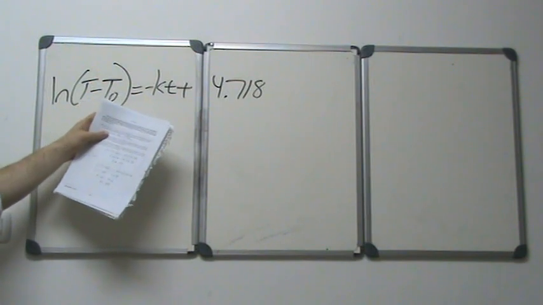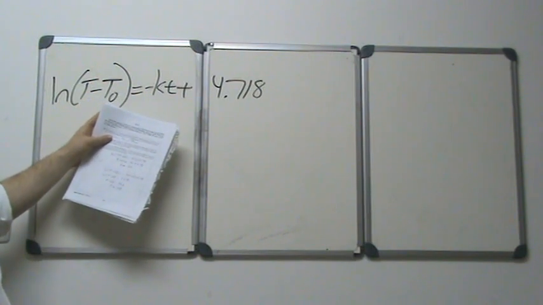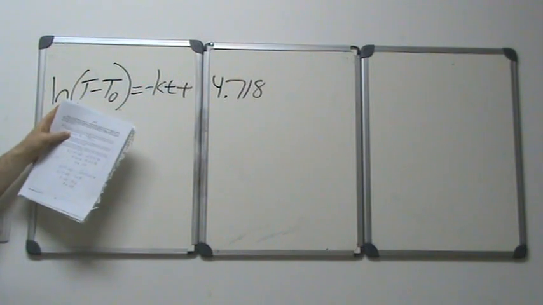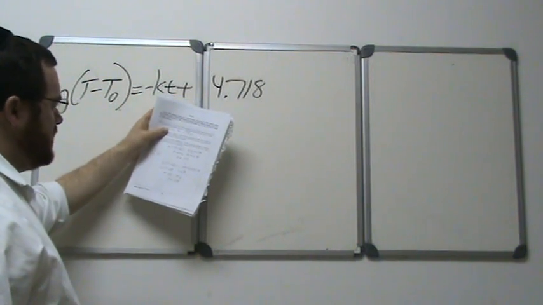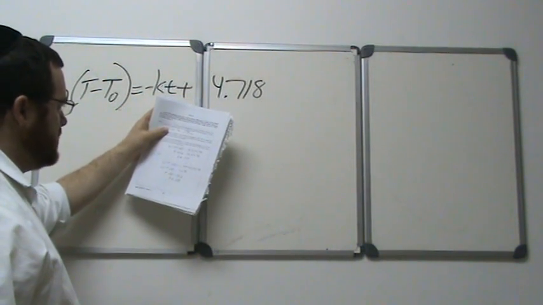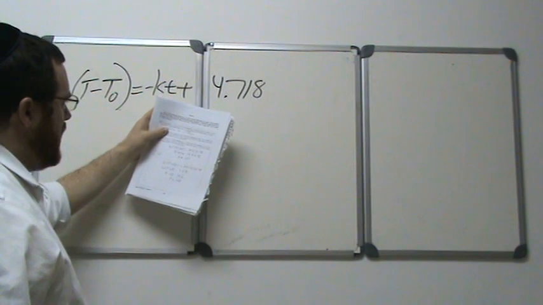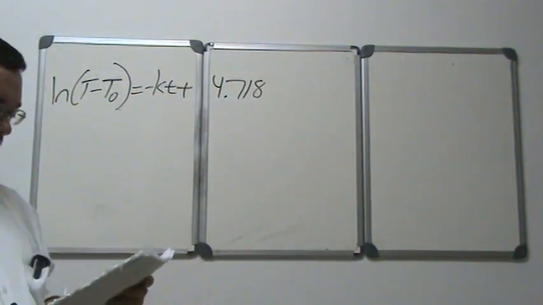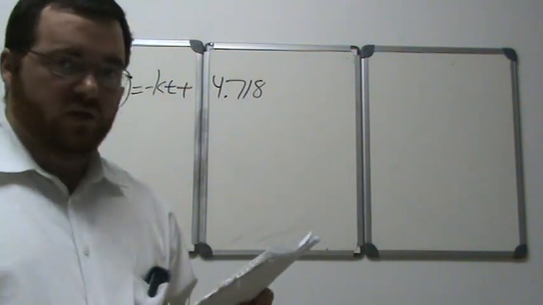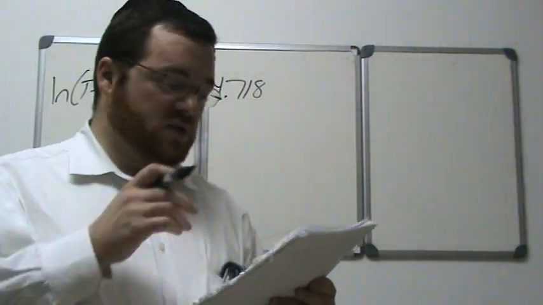The T sub 0 is the temperature of the room. ln is the natural log, which is e, or 2.7 something. It's equal to negative k, where k is a constant, and we add 4.718.